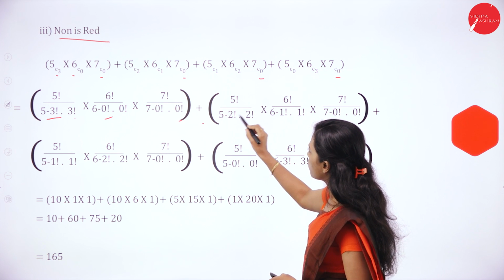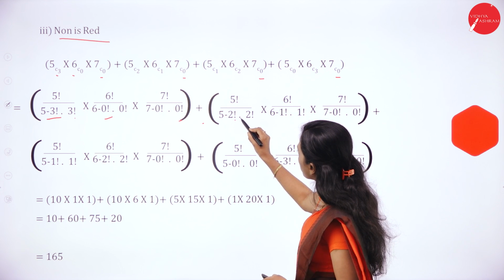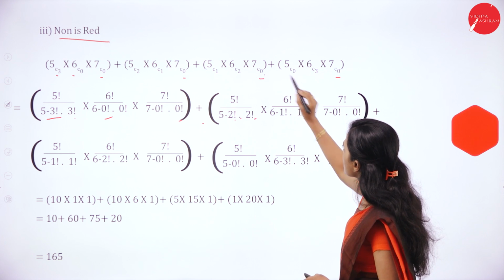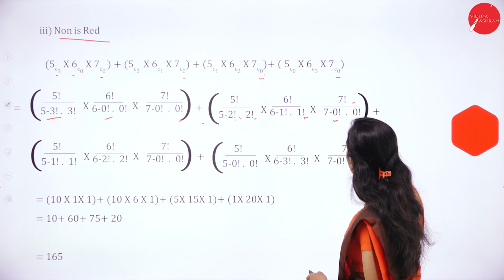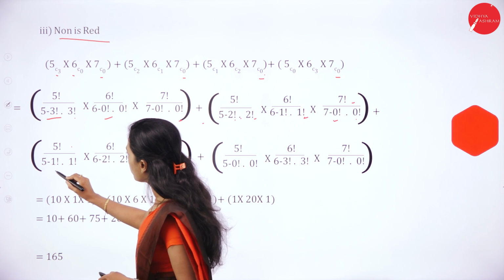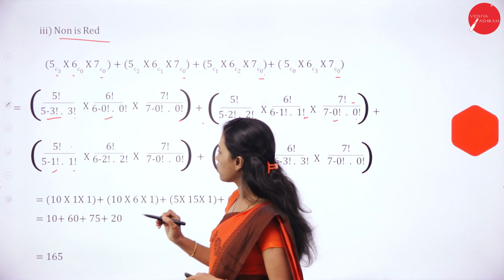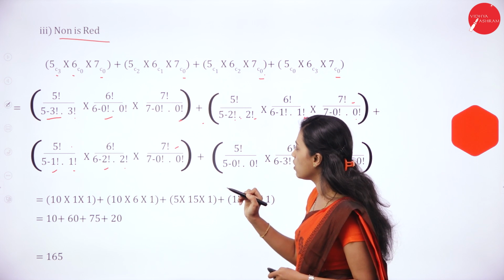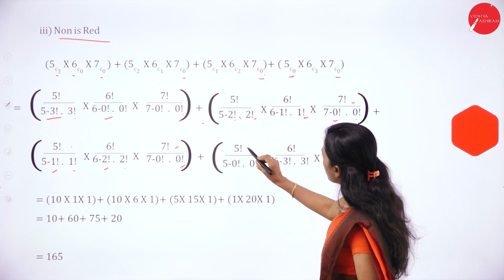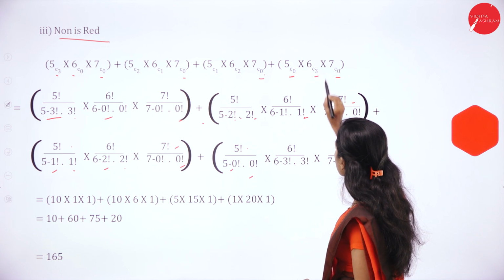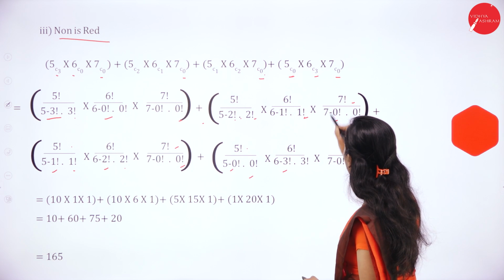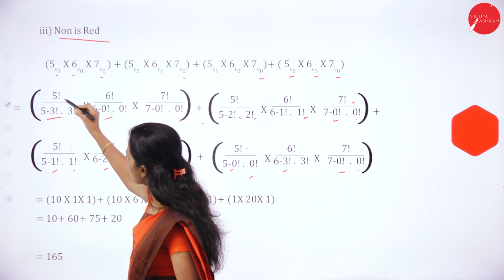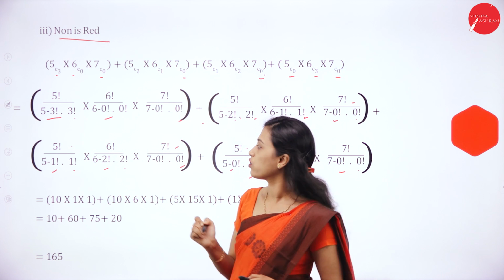Then similarly for the remaining terms, each is written out in factorial form. If we substitute, 5 factorial divided by 5 minus 3 is 2 factorial into 3 factorial.